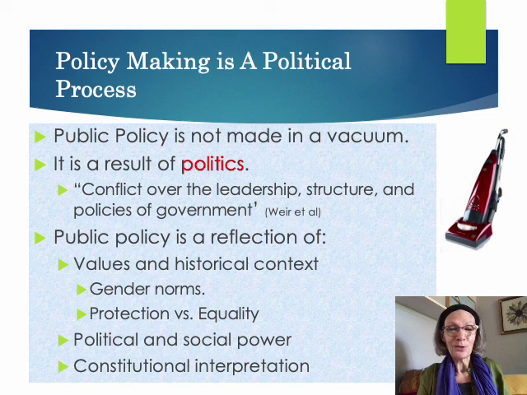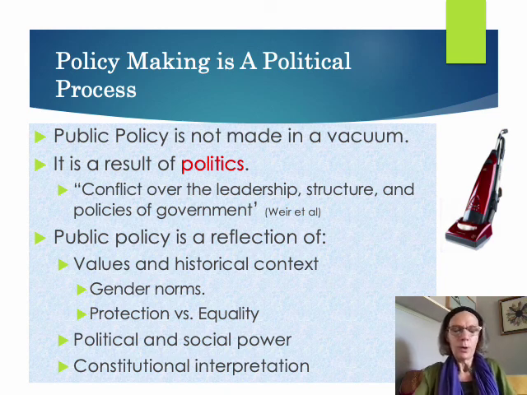And then how the Constitution is interpreted, right? That is all values and historical context, and it's also a product of politics. Who sits on the Supreme Court is a reflection of politics, because who we vote for as President of the United States gets to nominate Supreme Court justices that are then confirmed by the Senate.